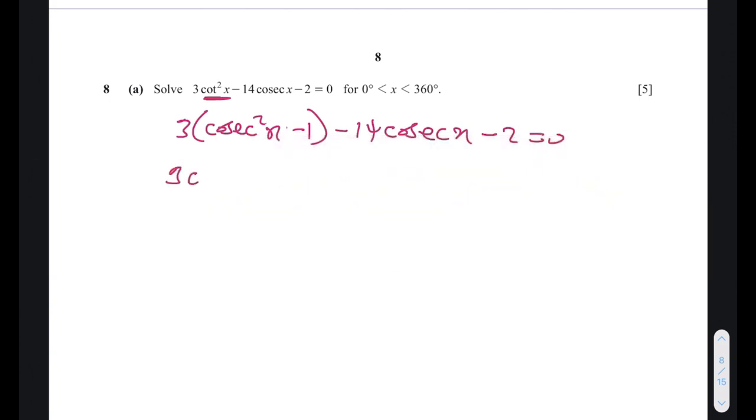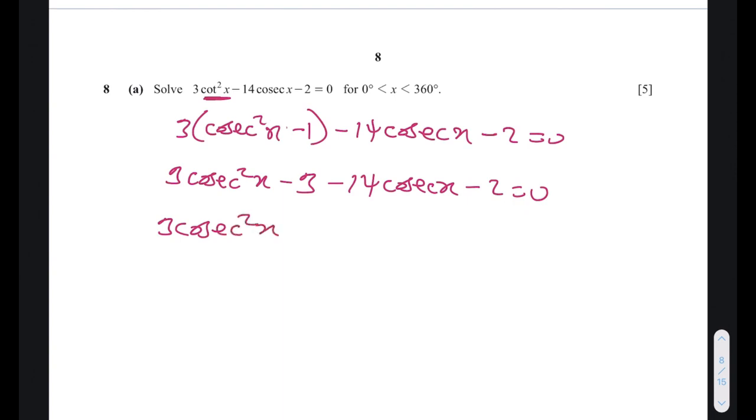If I expand, I'm going to get 3 cosec square x minus 3, minus 14 cosec x minus 2 is equal to 0. So we have 3 cosec square x minus 14 cosec x minus 5 is equal to 0. Okay, so we have something really cool like this.